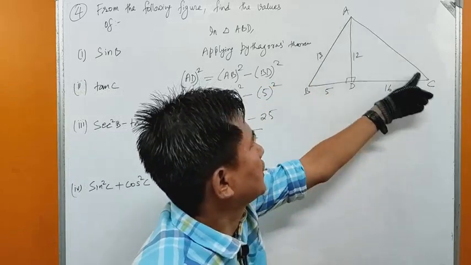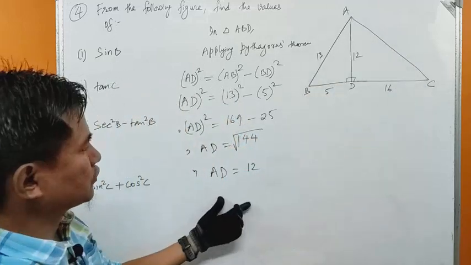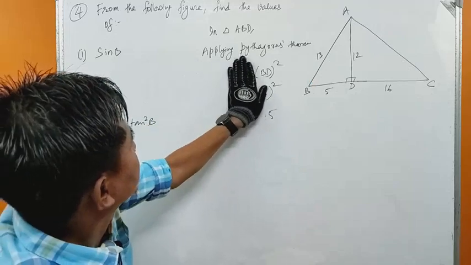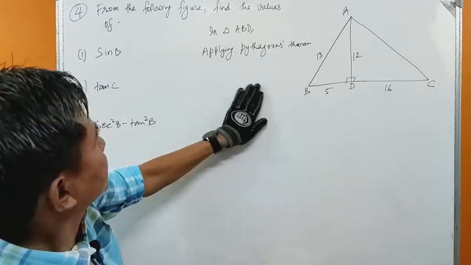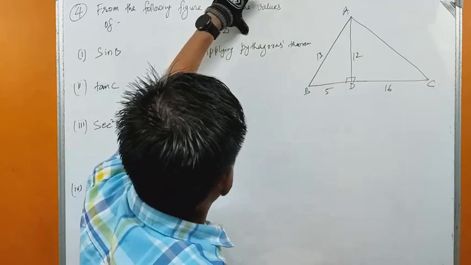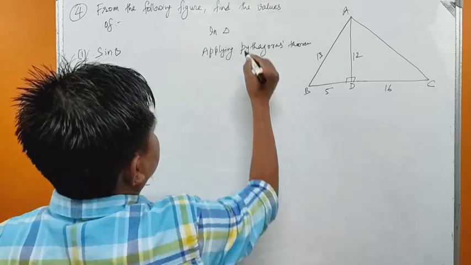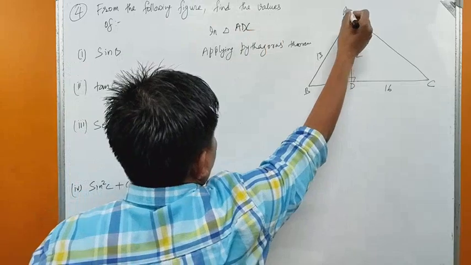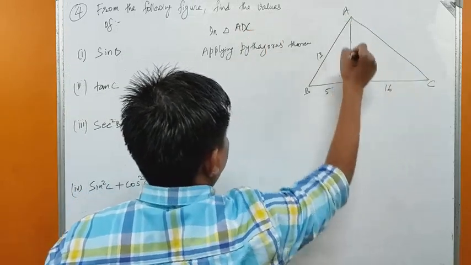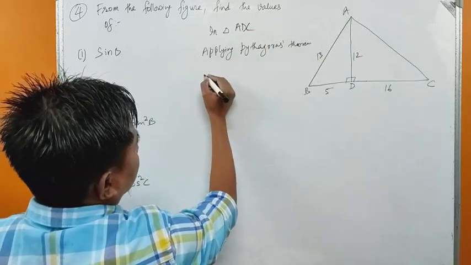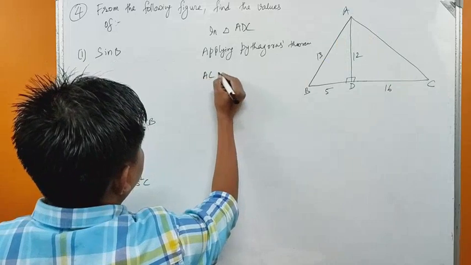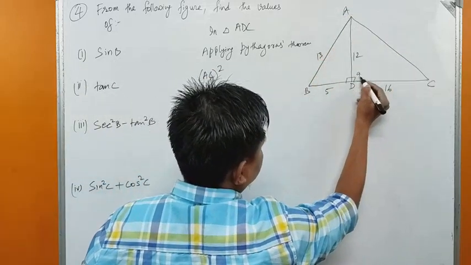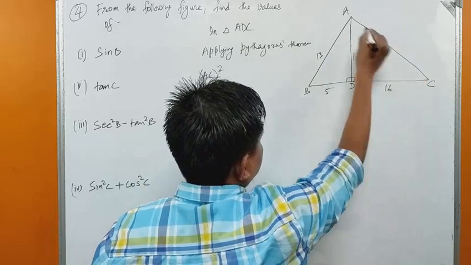Now we have AD and we have DC in triangle ADC. Let us find AC. Please take the screenshot of this. Now we will find AC in triangle BDC or ADC, this triangle. Hypotenuse, we need AC. The AC is the hypotenuse, opposite to 90 degree is the hypotenuse, isn't it?